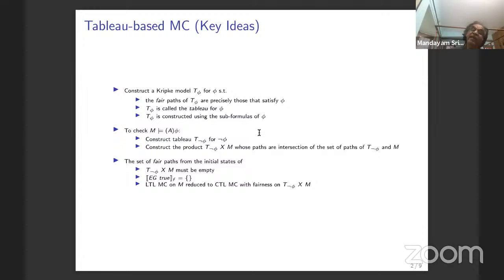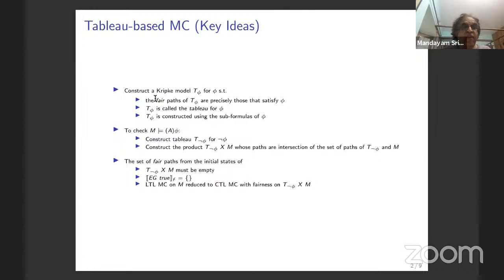That is where the link comes. Whenever you do things with fairness, that link is there. But nonetheless, this method is for LTL, unlike the bounded LTL that you're doing, and it is able to do without requiring you to specify any bound.